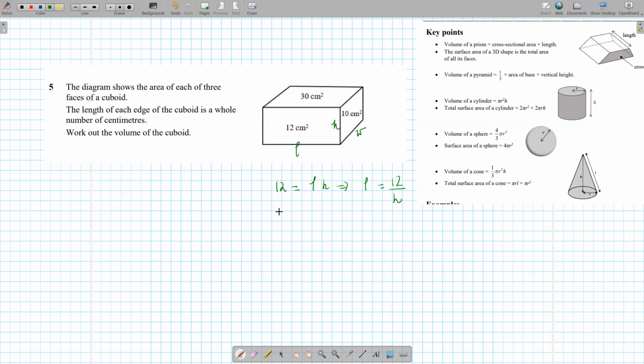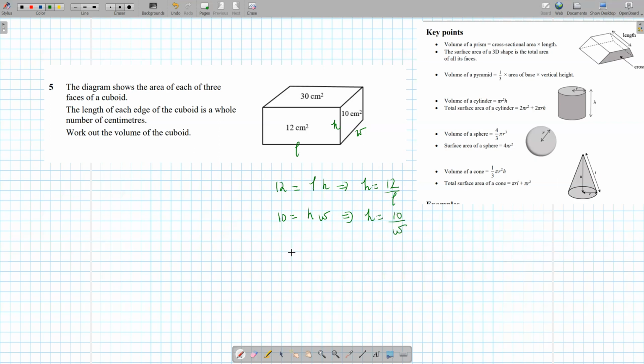Can you tell me what 10 is equal to? H times W. Right, H times W, yeah? Actually, let me write down everything in terms of H. So H is gonna be 12 over L from the top, and here H is gonna be 10 over W, yeah?